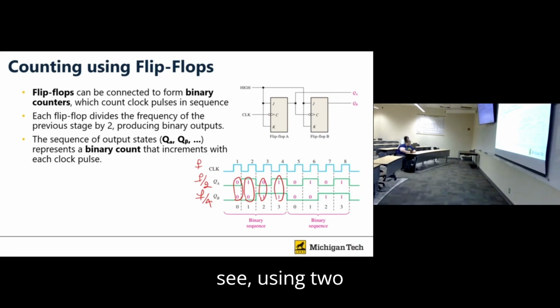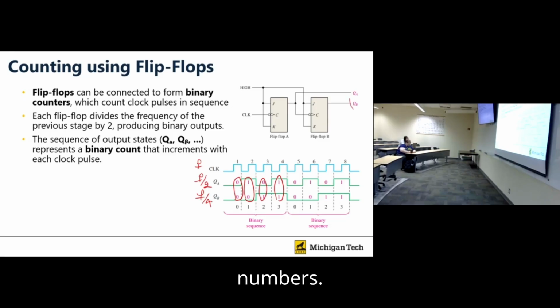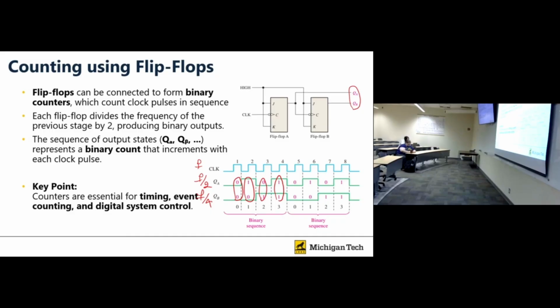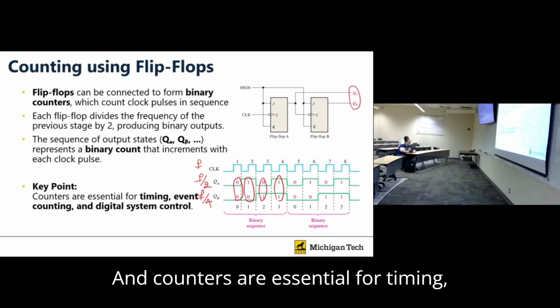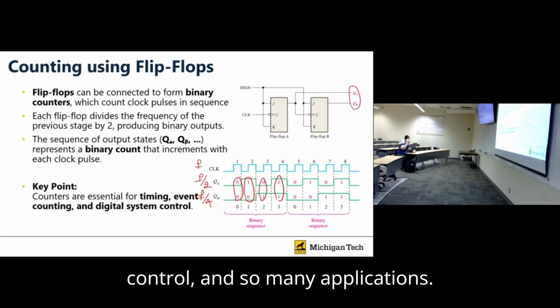So as you can see, using 2 JK flip-flops, we cascaded them to make these numbers. Counters are essential for timing, for counting, for digital control, and so many applications.